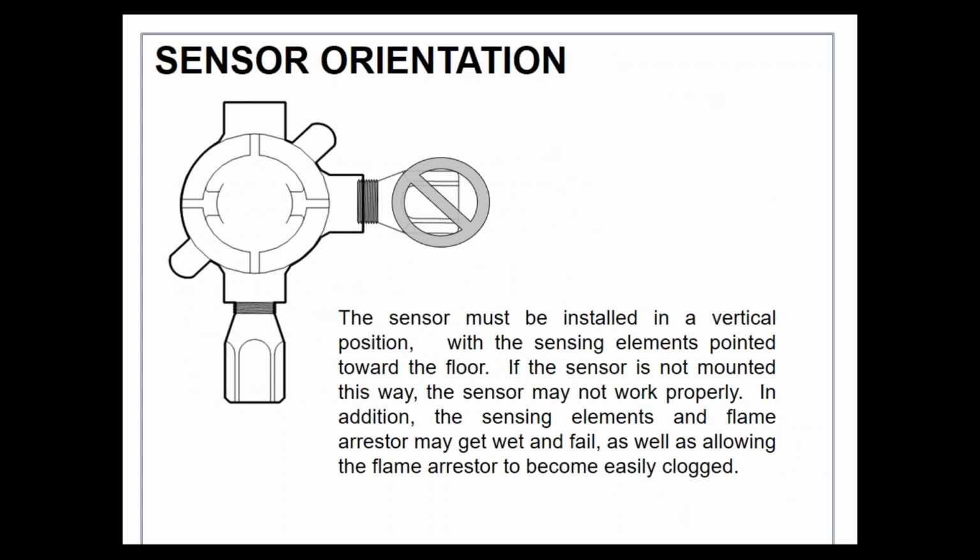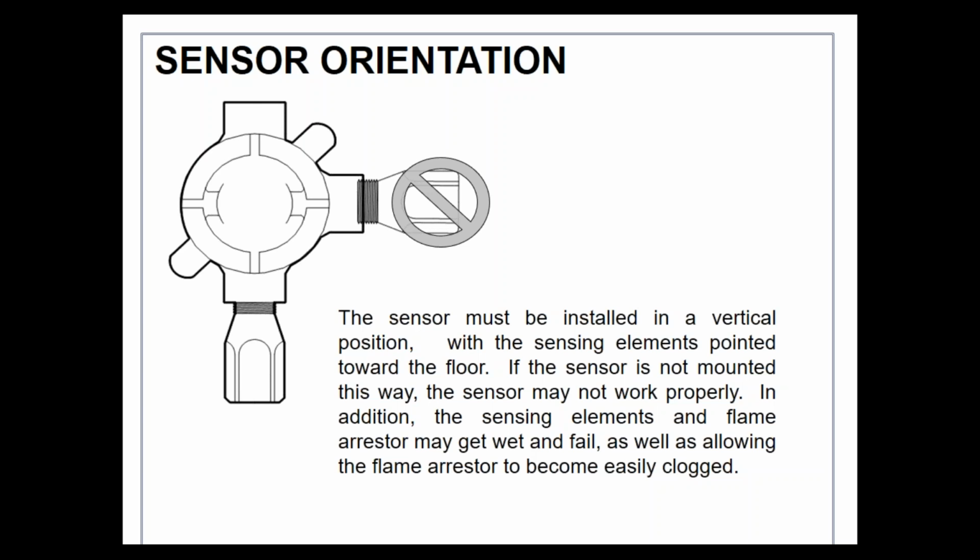Sensor orientation. Here's an interesting one, because the rule of thumb is you always point the sensor down. And that's for two different reasons. Mechanically, facing it down prevents dirt, dust, wind, rain from going into the flame arrestor and killing your sensor.